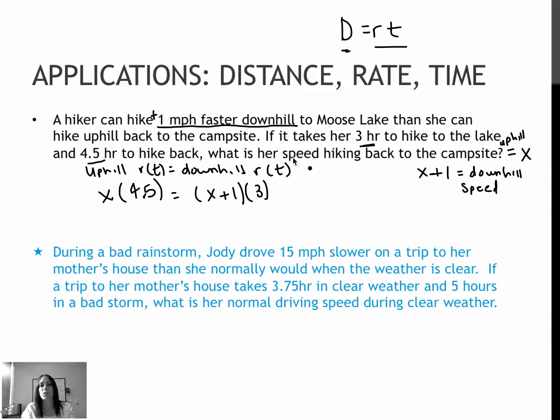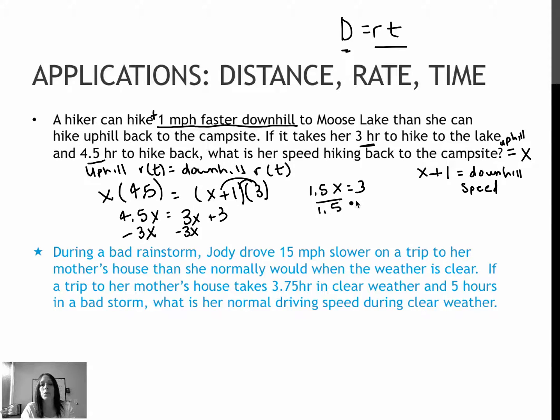So here's my equation. I'm setting rate times time uphill equal to rate times time downhill, because those two distances are the same. And now I'm going to solve. This is 4.5x, and on this side I'm going to distribute: 3x plus 3. I'm going to subtract 3x from each side, and that gives me 1.5x equals 3.